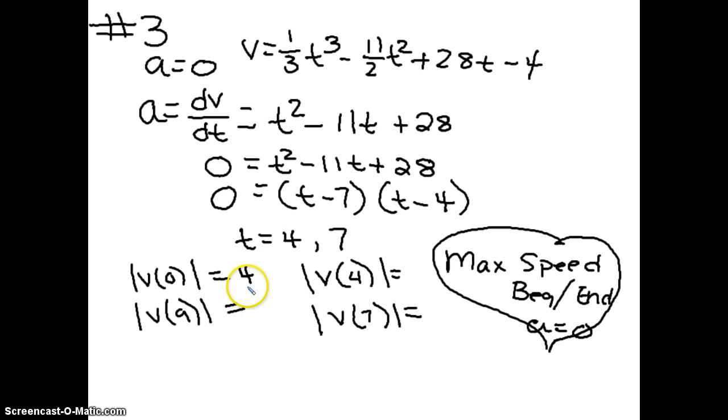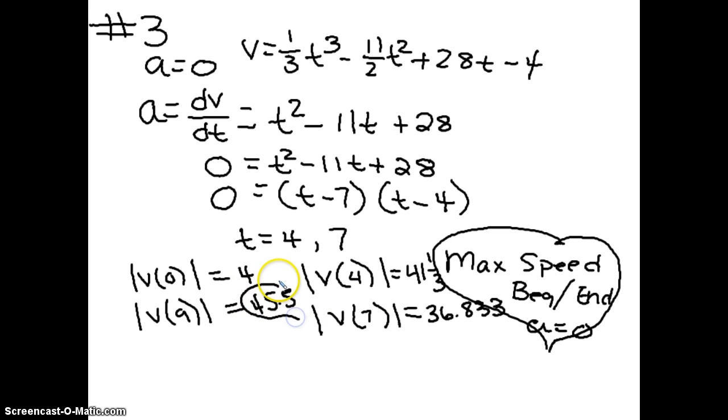At 9, it was 45.5 feet per second. At 4, it's 41 and 1/3 feet per second. And at 7, it's 36.833 feet per second.